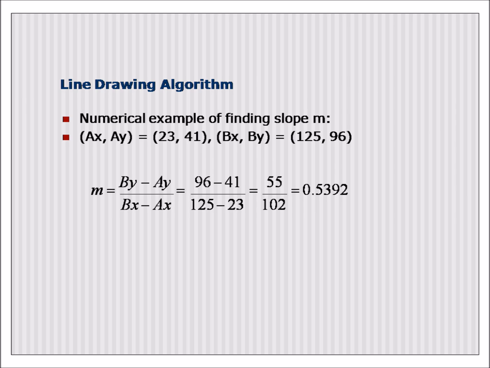Then we put these values into the formula in order to calculate the slope m. After completing the computation, we have m equal to 0.5392, which is the slope of the line. Hence, in this way, we can easily calculate the slope of a line if we are given the points.